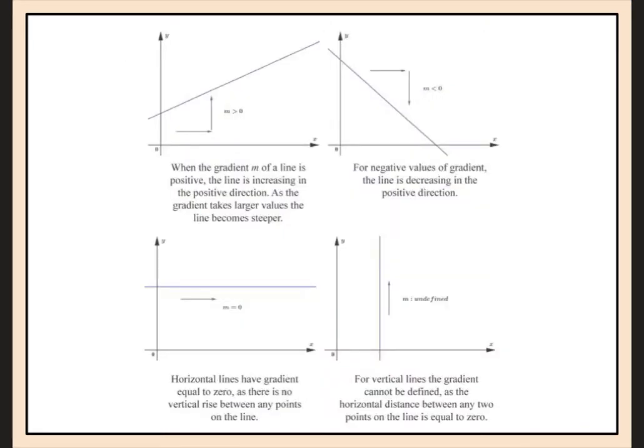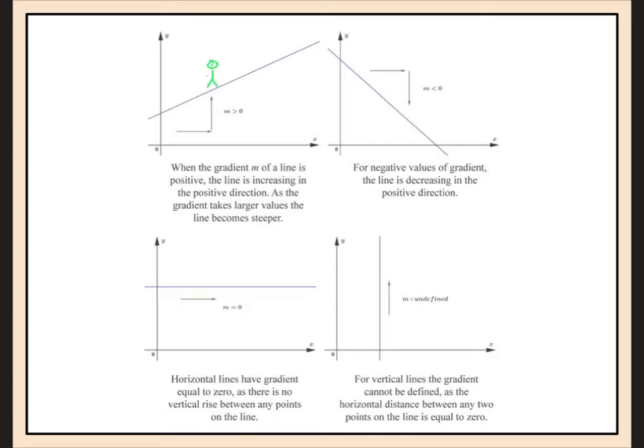So now let's go ahead and go through the gradients and how their direction affects the sign that's going to be in front of the gradient. Let's talk about a gradient that is positive. When the gradient m of a line is positive, the line is increasing in the positive direction. Something that a teacher from my middle school taught me, in case you guys are having trouble visually seeing it, is to imagine a stick figure walking on the line, right?